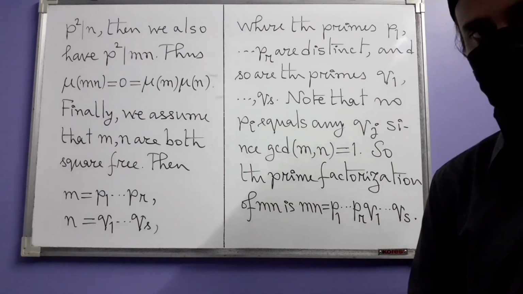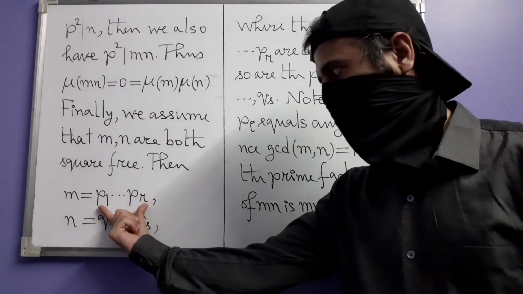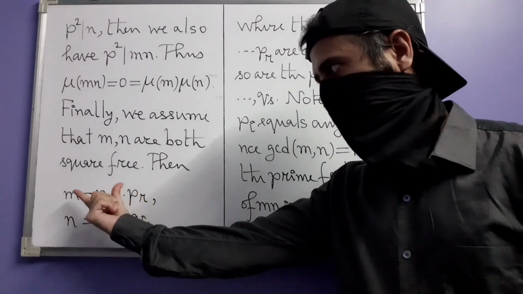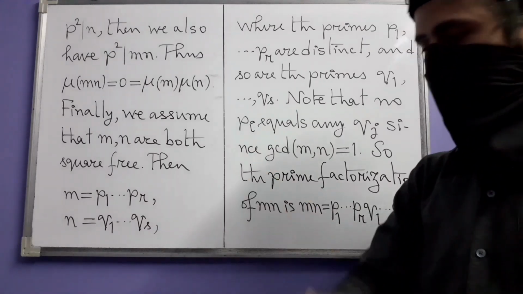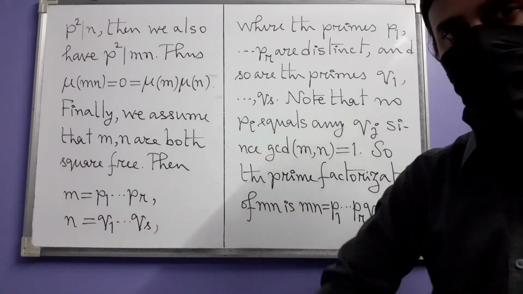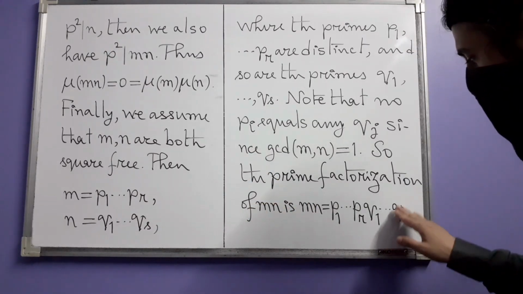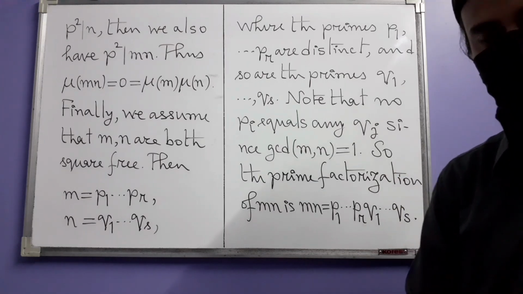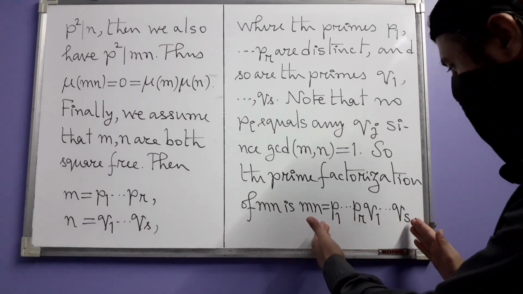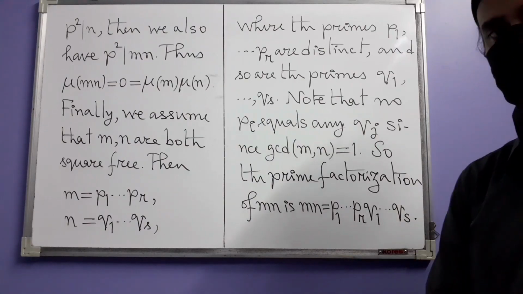Why? You already had r distinct primes in the factorization of m, and now you have s distinct primes in the factorization of n, and there is nothing common between these two lists of primes. So the total number of distinct primes is r plus s.